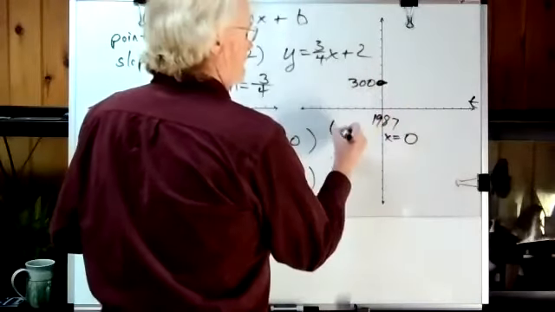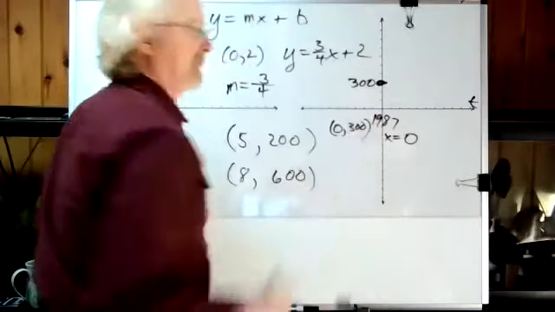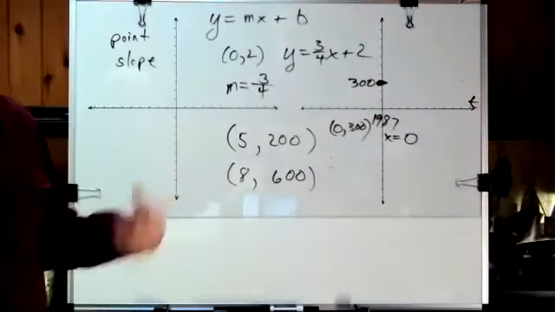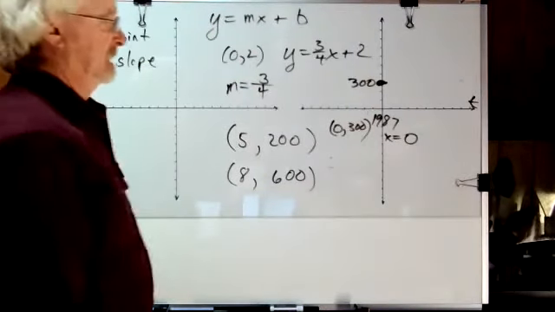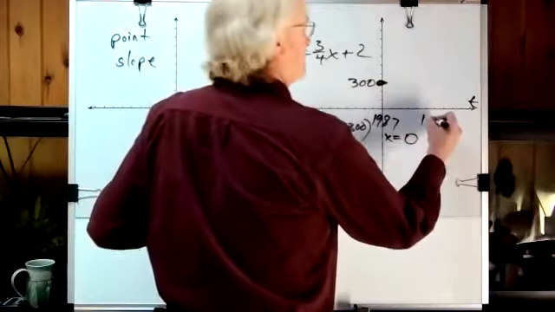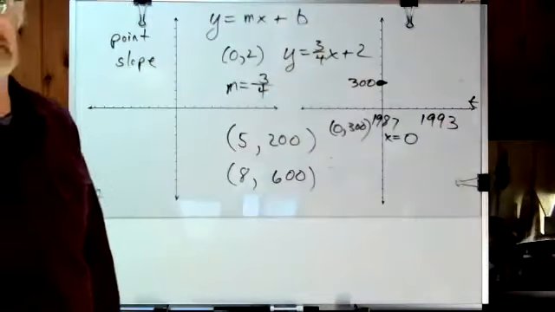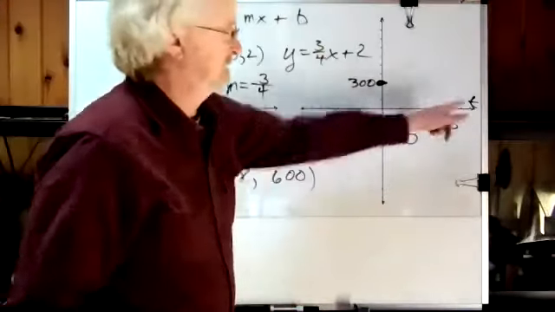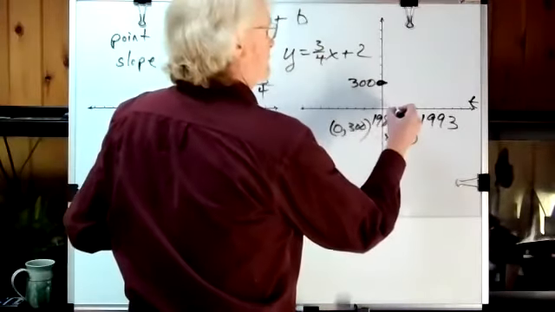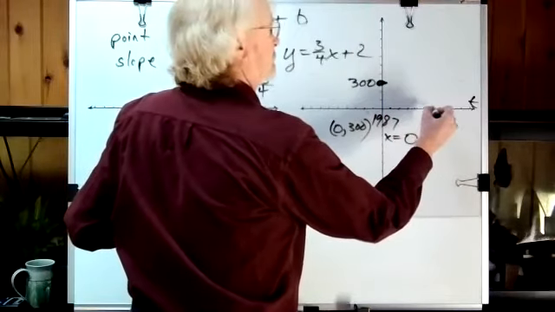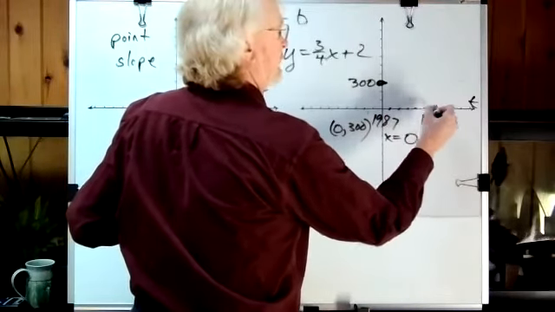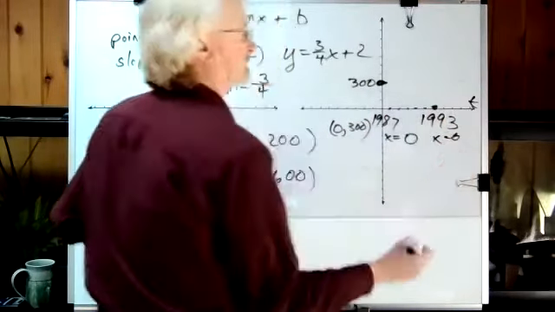That's 0, 300 as my y-intercept for this problem. I'm just making it up on the fly here. But then if I'm out here at 1993, what's my x value? Well, 1988, 89, 90, 91, 92, 93. X is a 6.